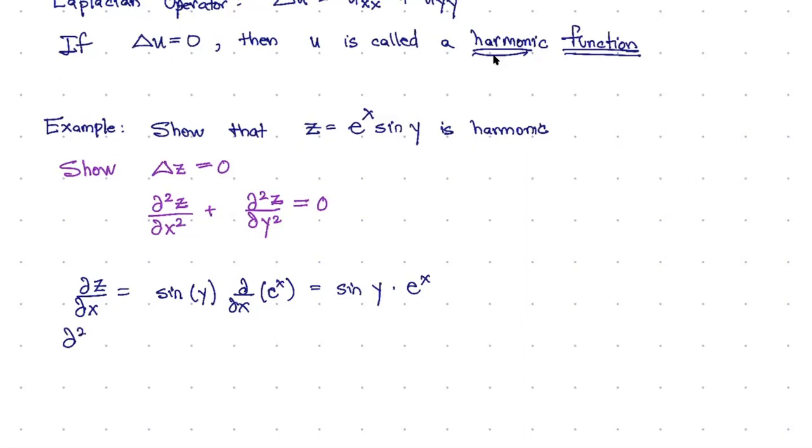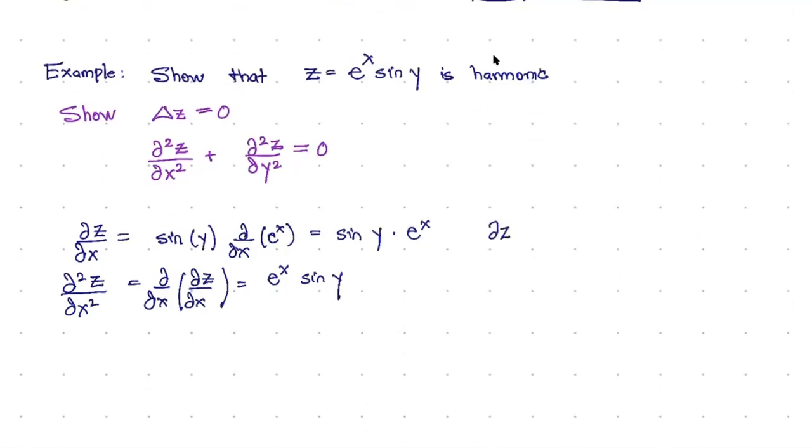And then in order to find the second derivative of z, I would take the derivative of what I just found, which is dz dx, which of course is the same function, so I would end up with e to the x sine of y again.